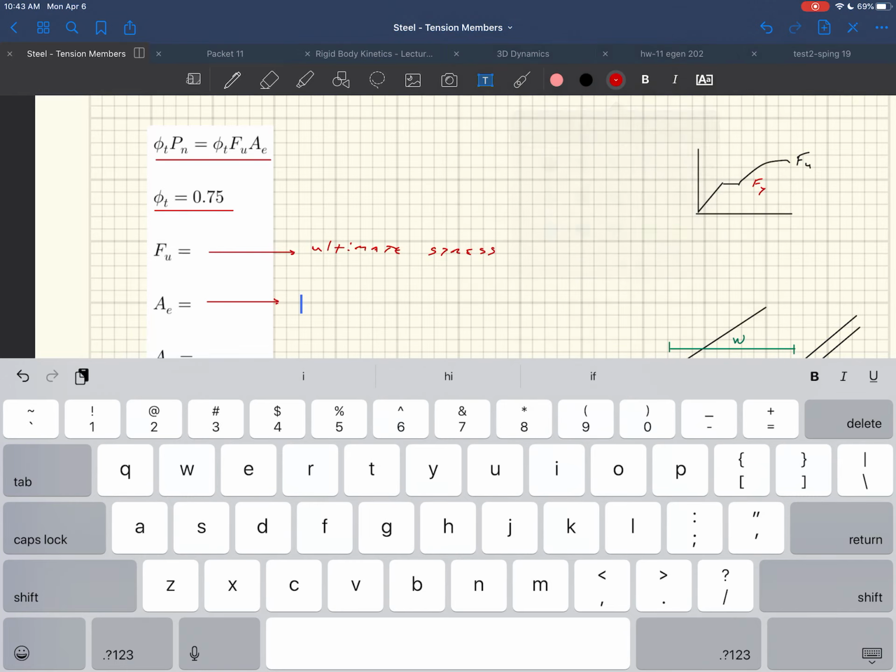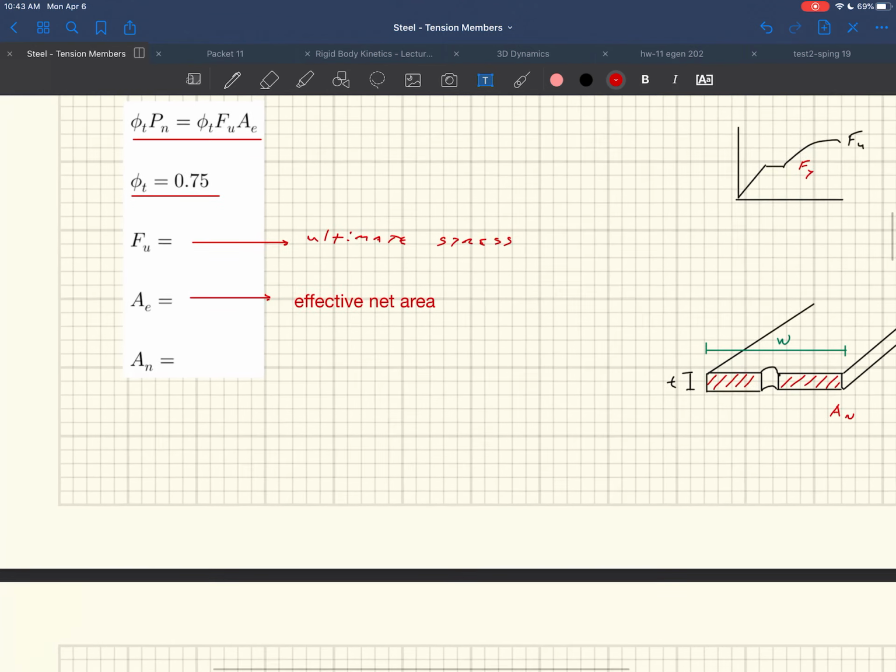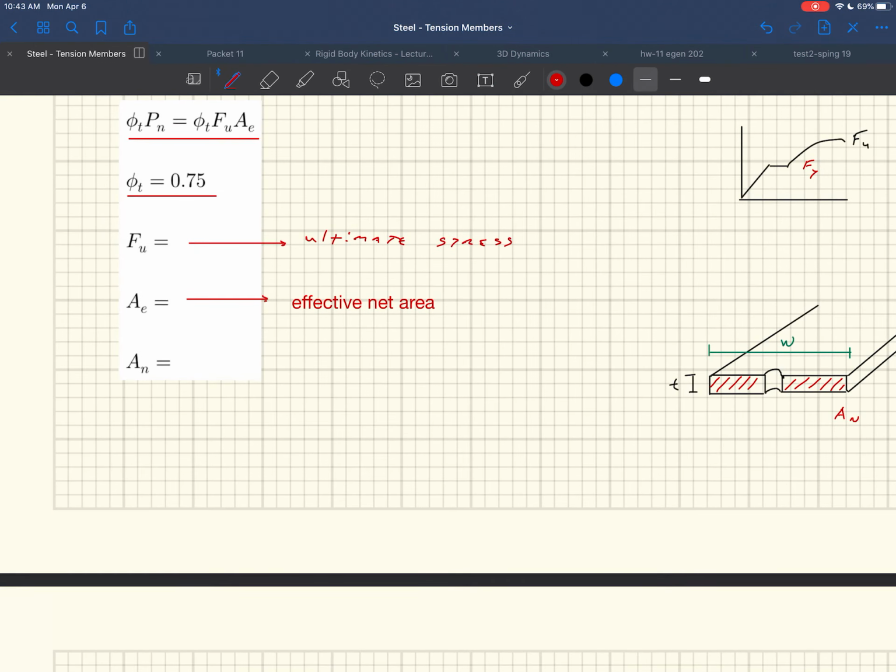Make that red. Okay, it's the effective net area. So it's not the net area, it's the effective net area. And this is equal to... I'll make this black.